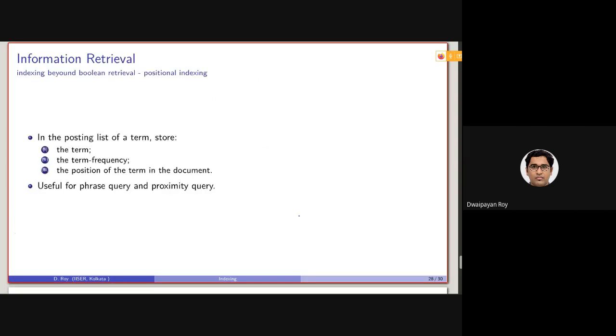We have discussed that together with only the doc ID, we can also store the term frequency as well as the position of the term in the document. For this course, we will not be using the positions much, but we will be mostly focusing on these two, because this is the most important information using which the retrieval models will be working.